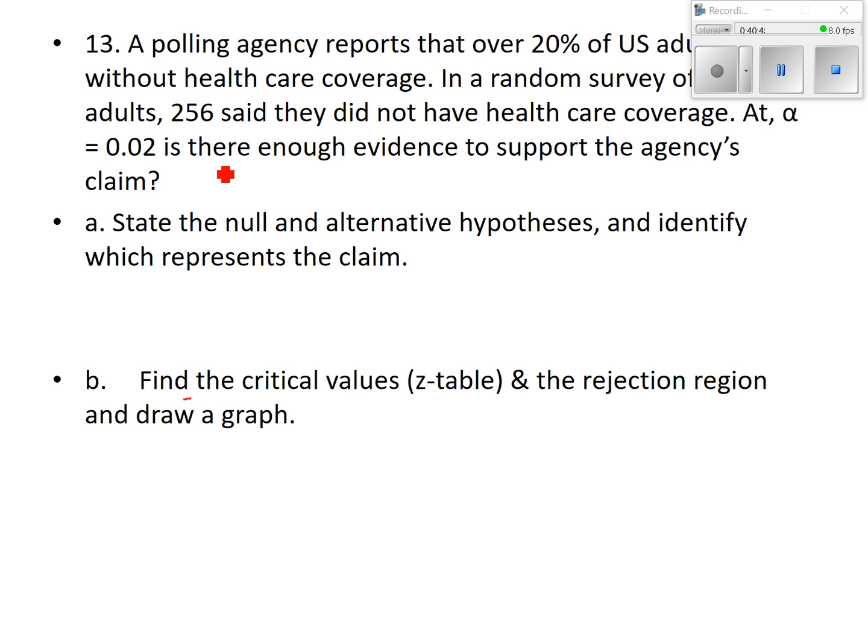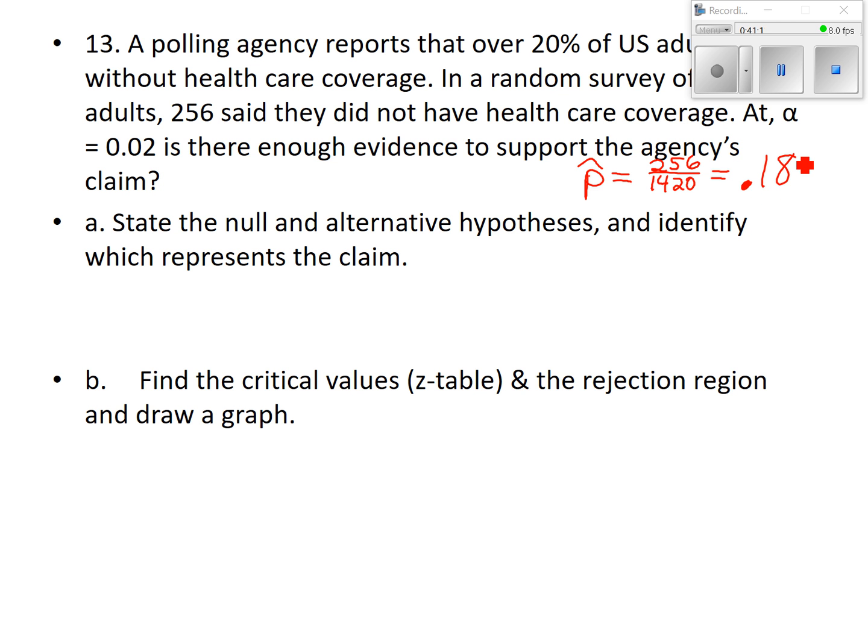Very first thing I would do on this one, you gotta find your P hat. P hat is the 256 out of the 1,420. Somebody change that to a decimal for us. 0.18. So that's our P hat.